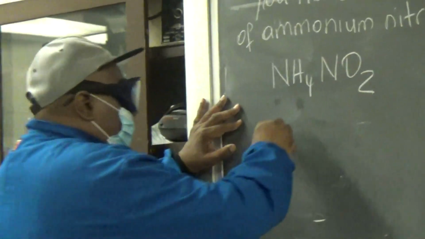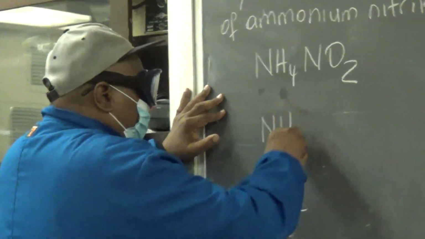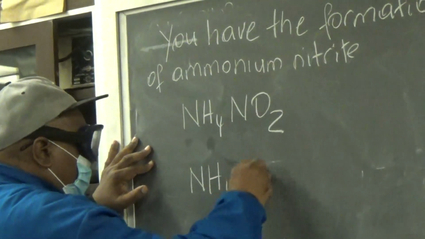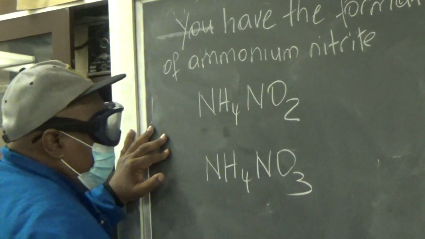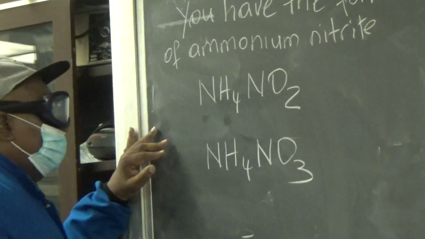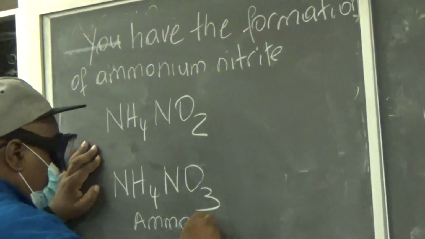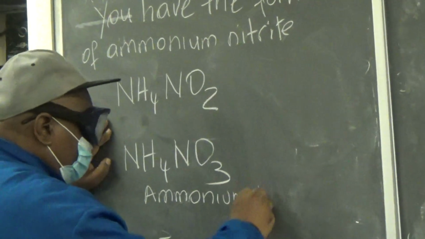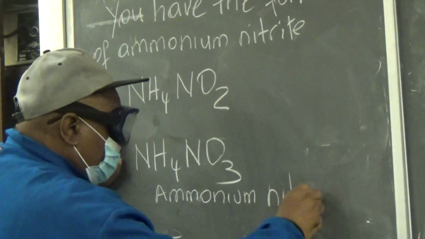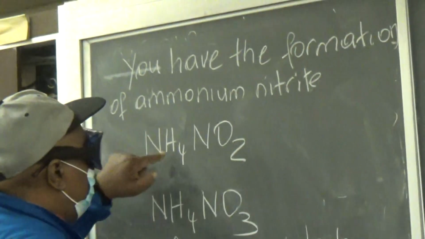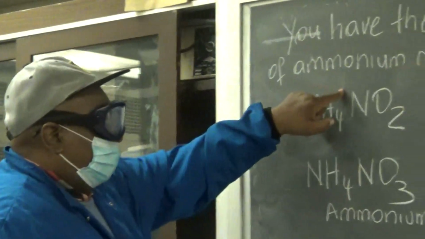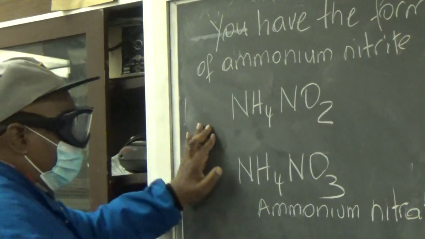Ammonium nitrate is this one here. I know it's NO3, right? Yeah. Cool. That's ammonium nitrate on the bottom. Okay. And this one, ammonium nitrite. Yeah. This one here.